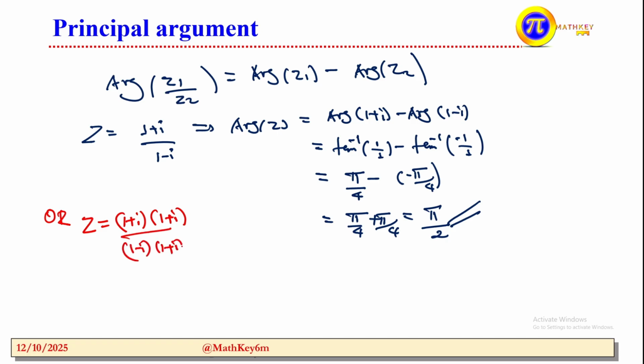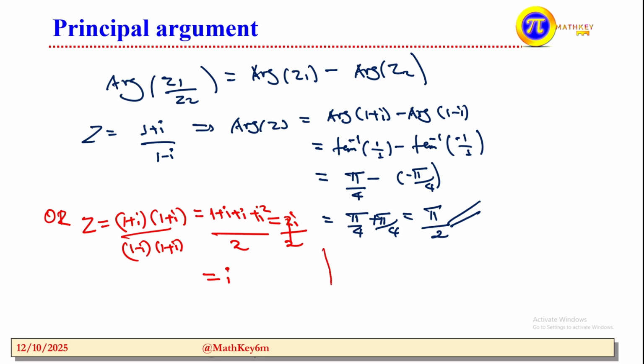Change the denominator to a real number: multiply both numerator and denominator by the conjugate of the denominator. We get 1 times 1, that is 1, plus 1 times i, that is i, plus i times 1, that is i, plus i times i, that is i squared, divided by 1 squared plus 1 squared, that is 2. On the result, i plus i means 2i. i squared means negative 1. 1 minus 1 is 0, plus 2i, divided by 2. You cancel 2 by 2, what remains is i.